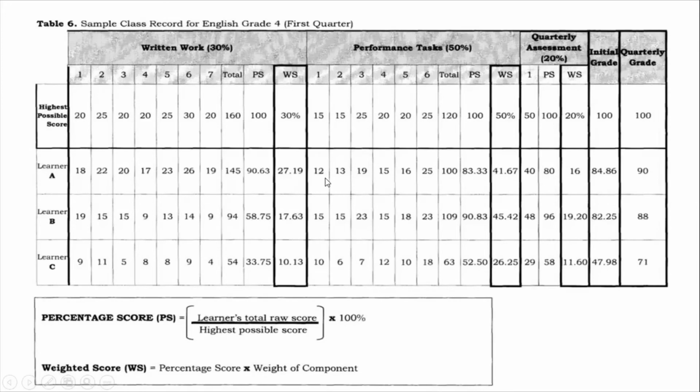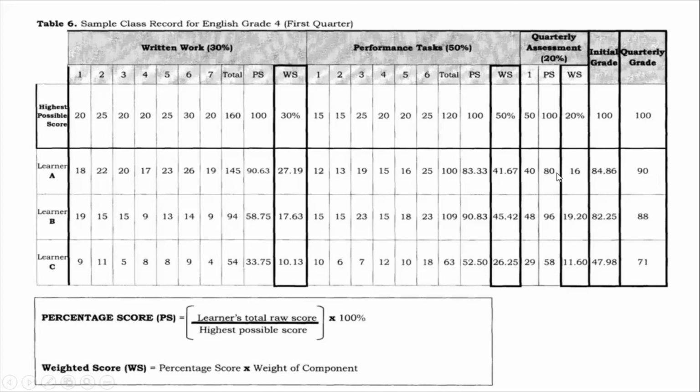For the performance task, add all the scores. So that's 100, divided by the total, which is 120. So you get 0.8333 times 100, that's 83.33. And then you get the weighted score, that is 41.67. So you already have 27.19 and 41.67. For the first quarter exam, you got 40 over 50. So 40 divided by 50, that's 80.